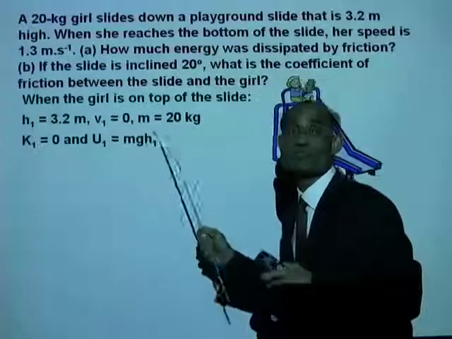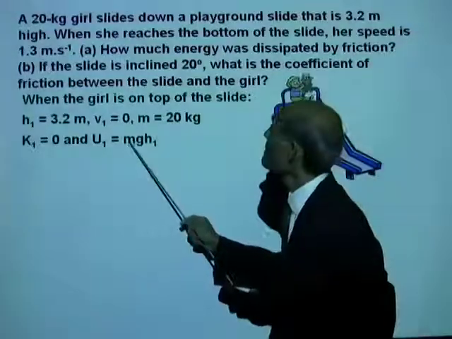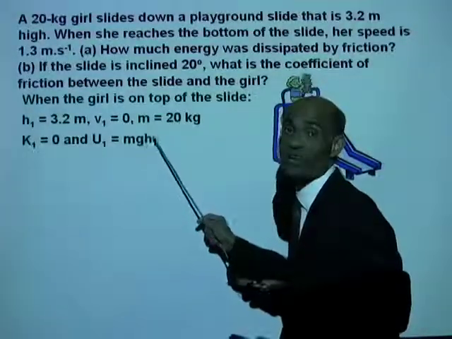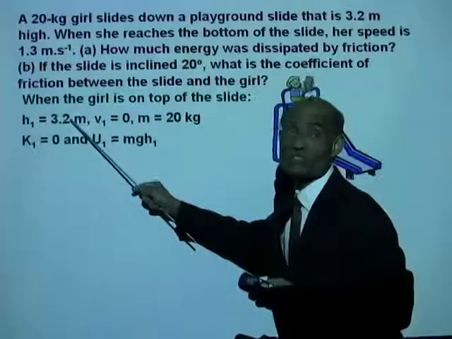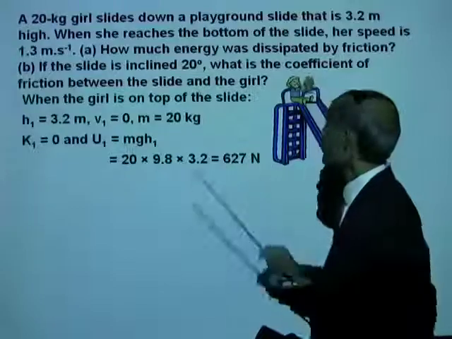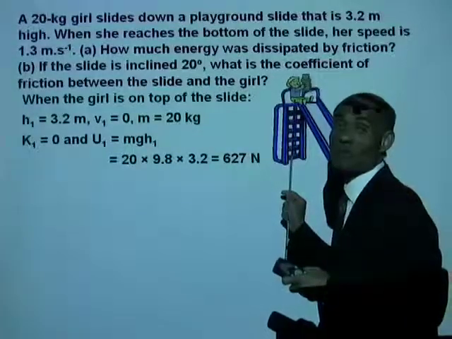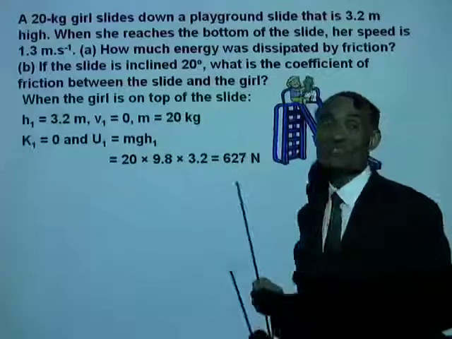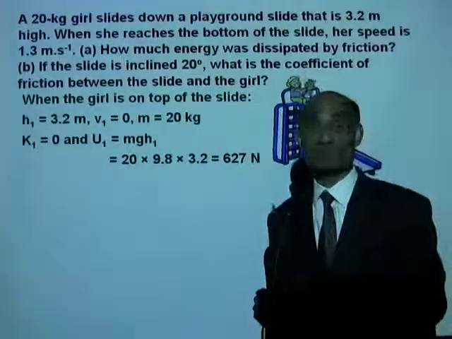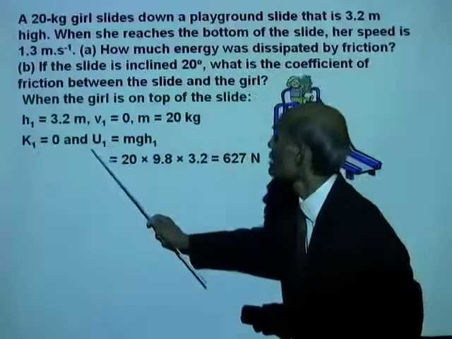U1 equals mgh1. And what is that? m is 20 kilograms, g is 9.8, h1 is 3.2 meters. Using those values, we have her potential energy at the top is 627 Newton. Potential energy, is that right?